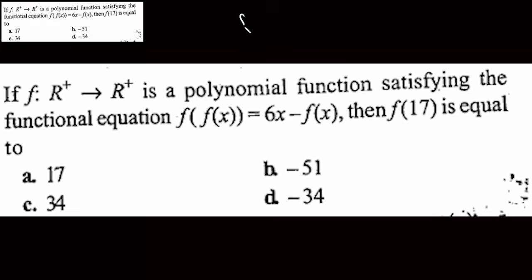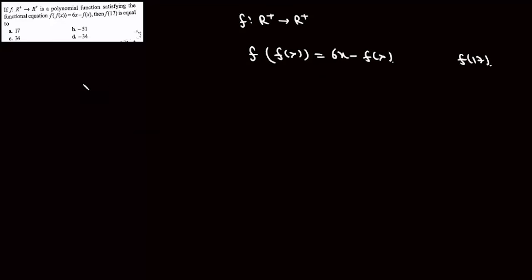Now the question is, f is defined from R positive to R positive, and it's a polynomial function satisfying this functional equation: f of f(x) equals 6x minus f(x). Then we need to find the value of f(17). Now since f(x) is a polynomial, we'll say the degree of f(x) is suppose n.